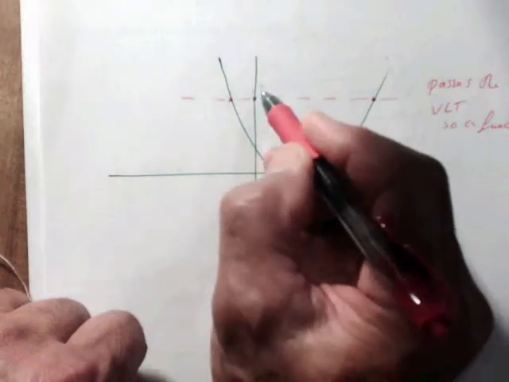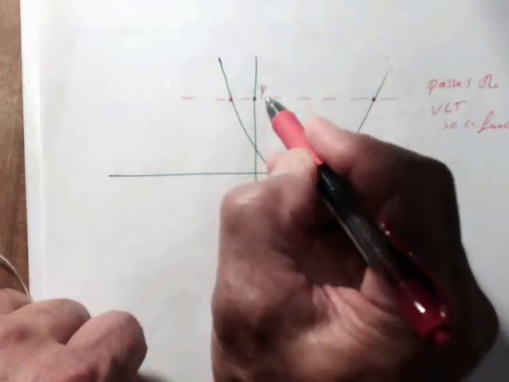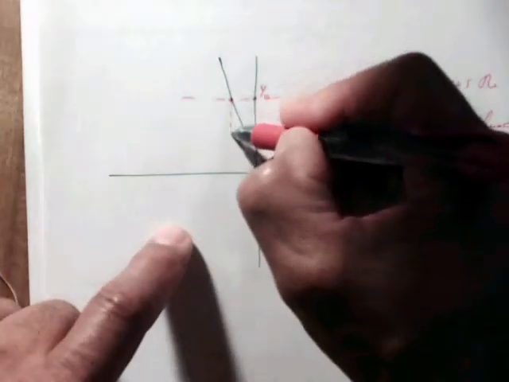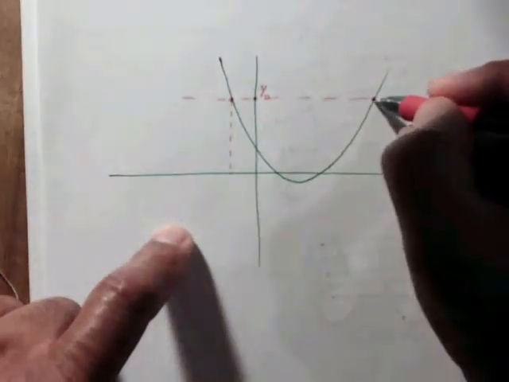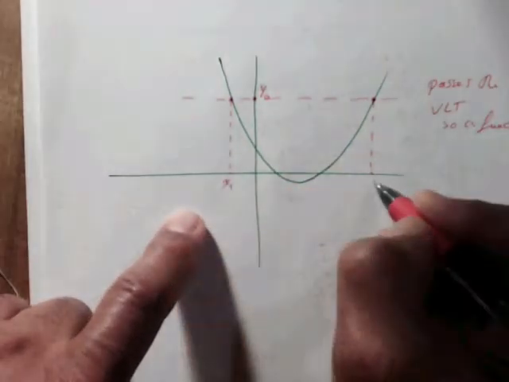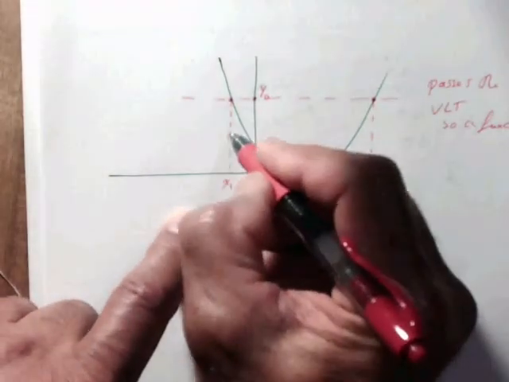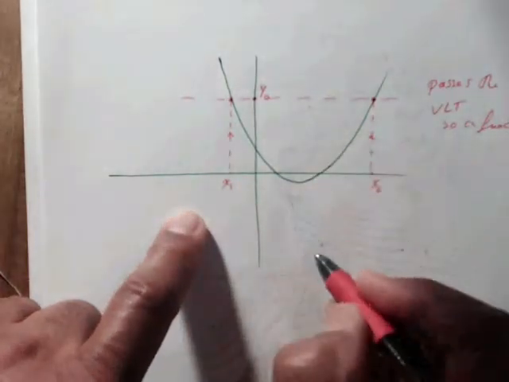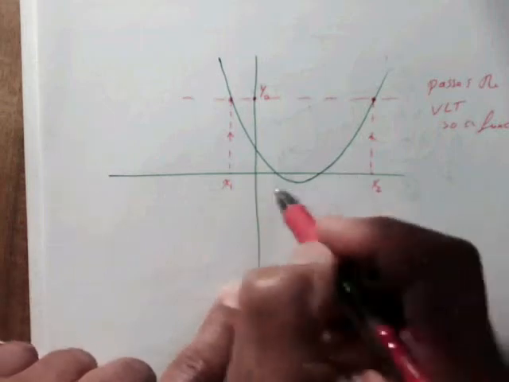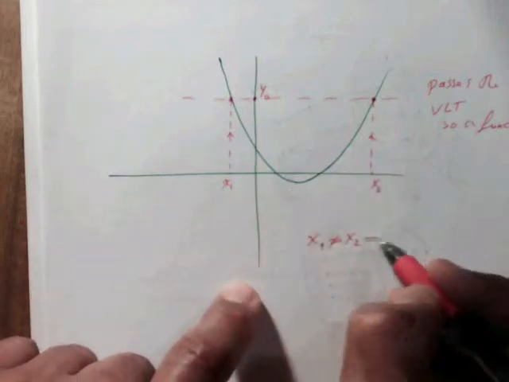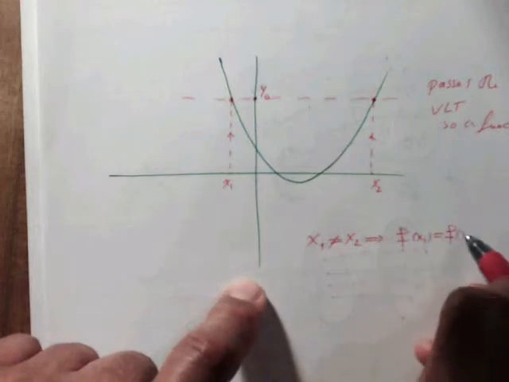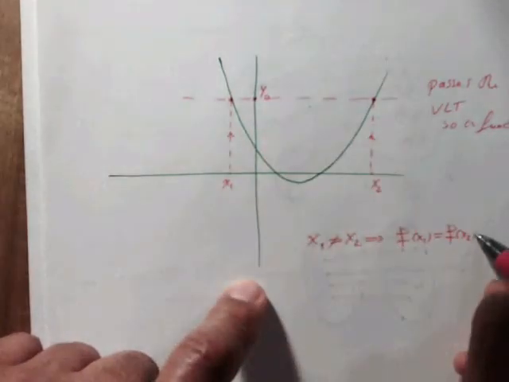They have the same y value. Let's call it y0. But if I go down to the x-axis, I can call these x1 and x2, and clearly x1 and x2 are different. x1 not equal to x2. You see, they are different numbers. But f of x1 is equal to f of x2, which is equal to y0.